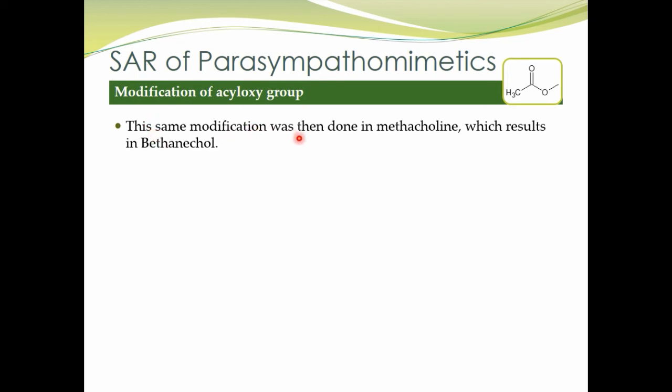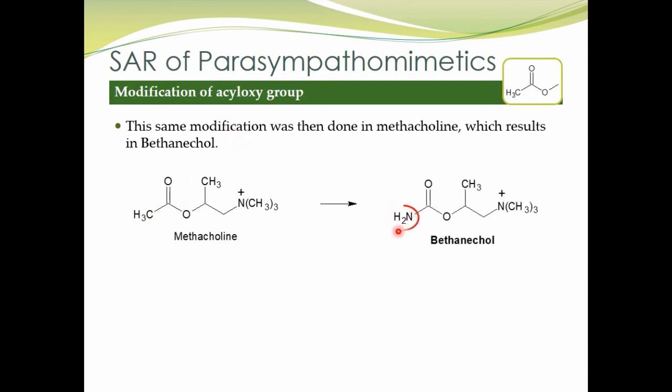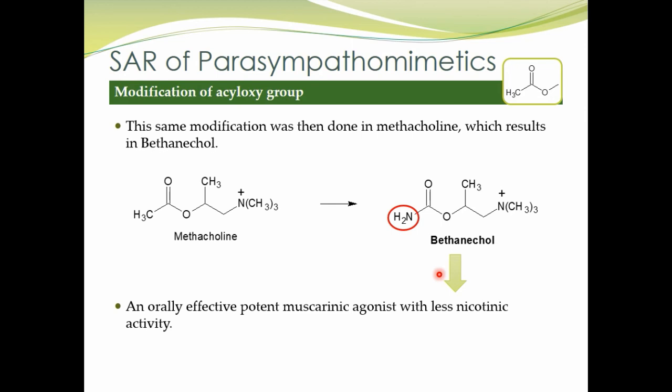This same modification was then done in methacholine, which results in bethanechol. Means in methacholine, the same modification, the replacement of the methyl by an amino group, gives bethanechol. So bethanechol is an orally effective, potent muscarinic agonist with less nicotinic activity.